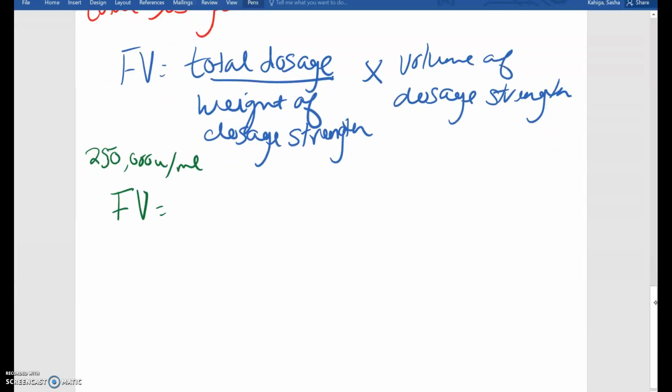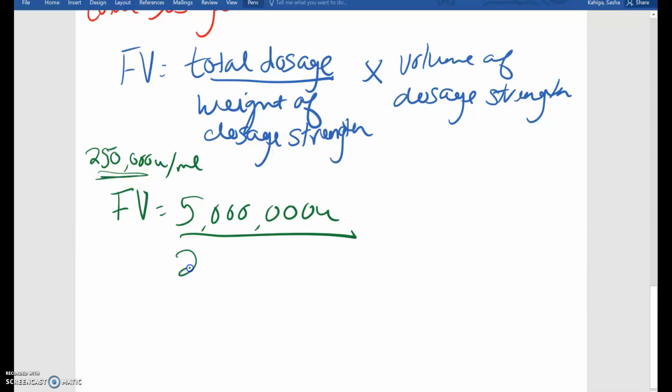Well, the final volume is, you're going to take that total dosage which is 5 million units, over the weight of the dosage strength. The weight of the dosage strength is 250,000 units. Remember, when you're setting your problem up, your like units are all set up together.